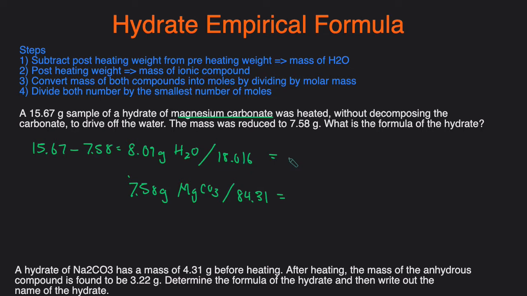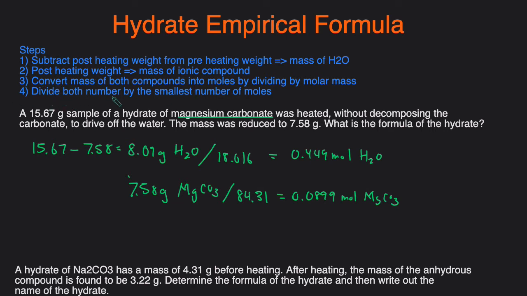That'll be 8.09 divided by 18.016, which gives approximately 0.449 moles of H2O, and then 7.58 divided by 84.31, which is approximately 0.0899 moles of the magnesium carbonate. So that completes step 3, where we convert the mass into moles.